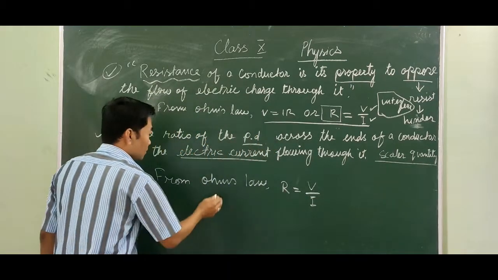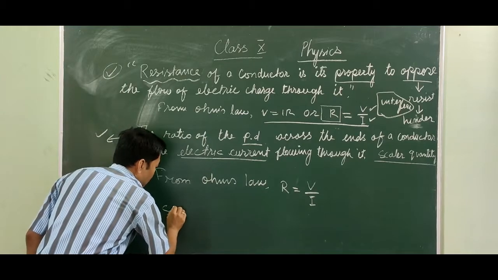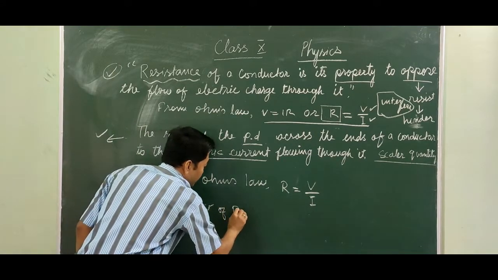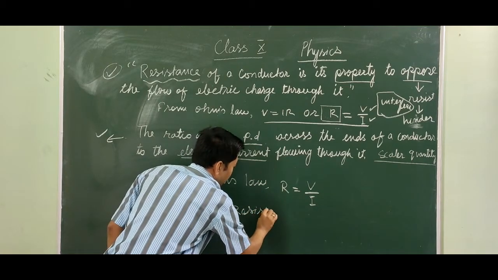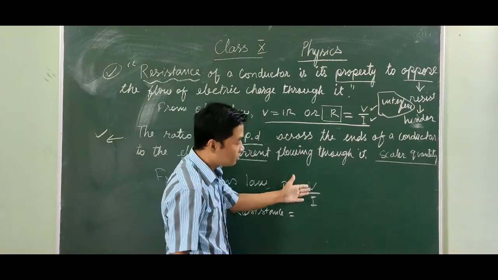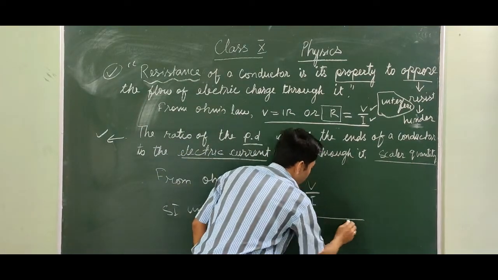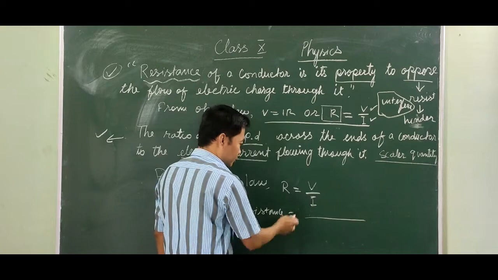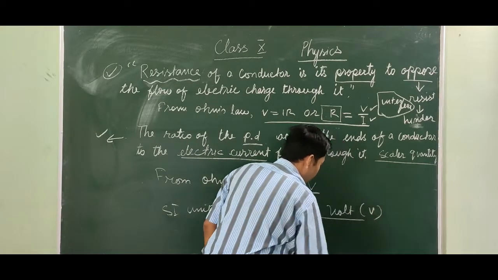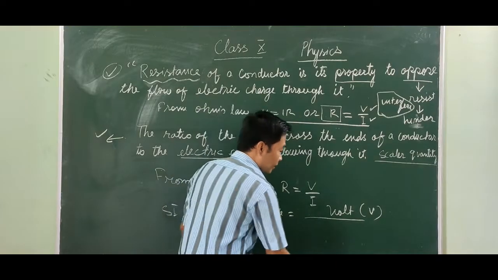So the SI unit of resistance. What will be the SI unit of resistance? The SI unit of resistance will be derived from the SI units of potential difference and current. The SI unit of potential difference is what? Volt, which is V. What is the SI unit of current, I?